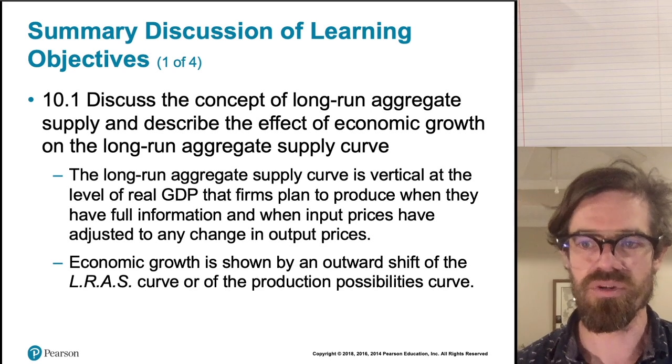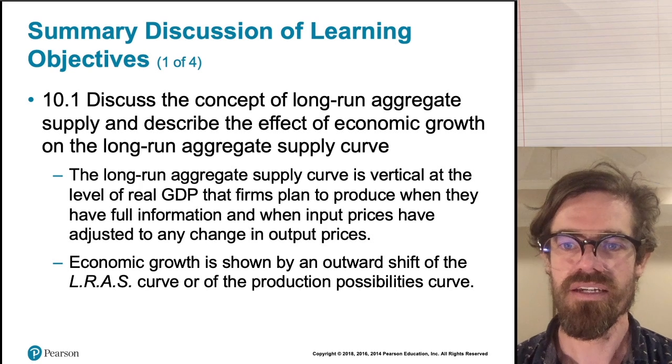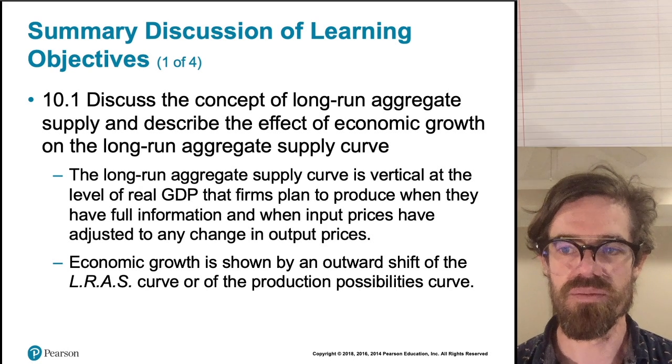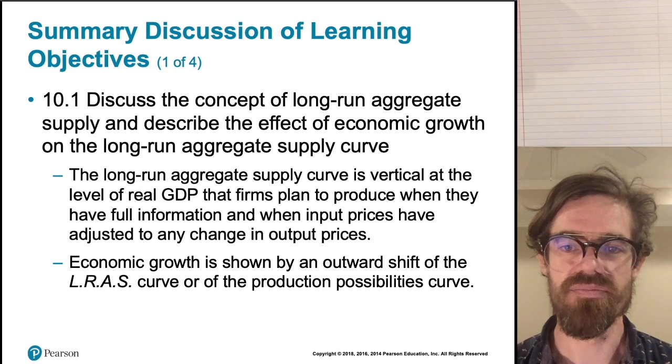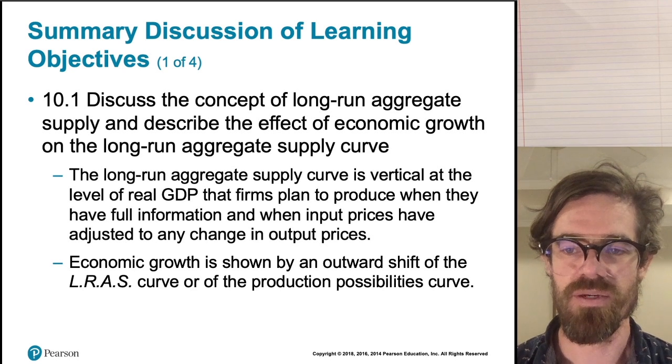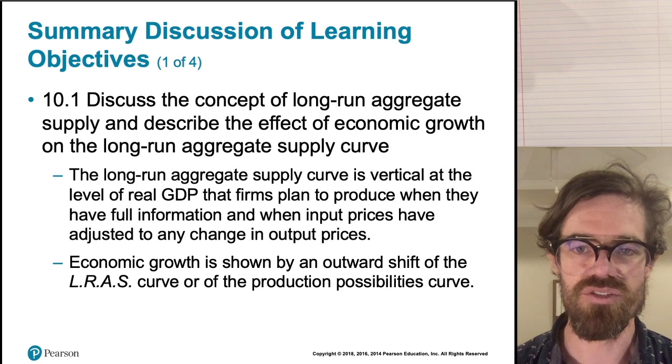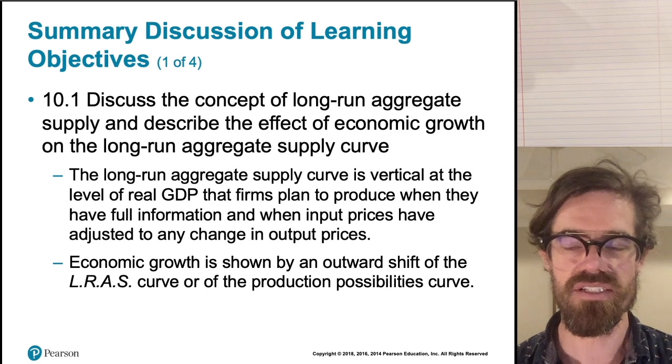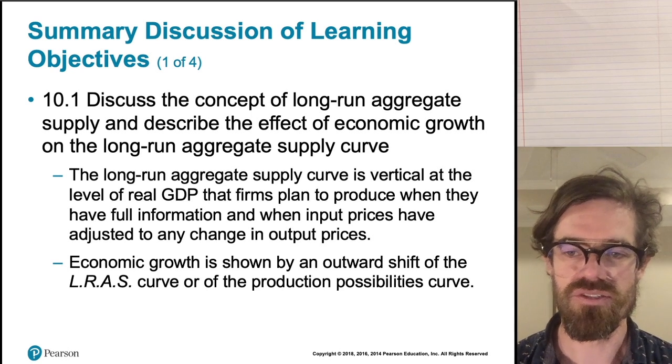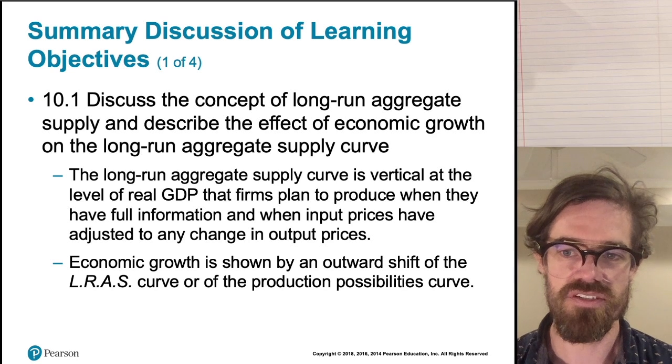It's independent of the price level, so that's why it's a vertical line. And this is because firms have full information. They've fully adjusted to all the possible shocks in the economy, so there's no incentive to produce more or less given a change in the price level. And we also saw that economic growth is a shift to the right.